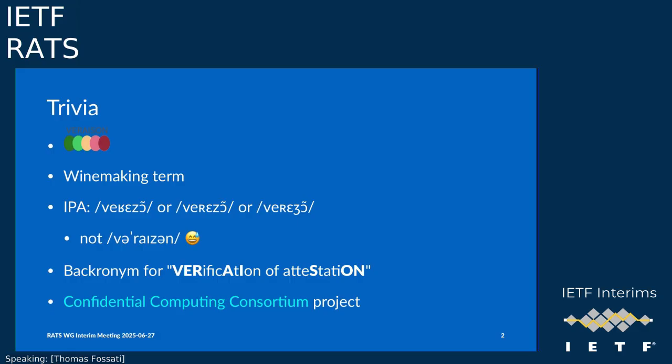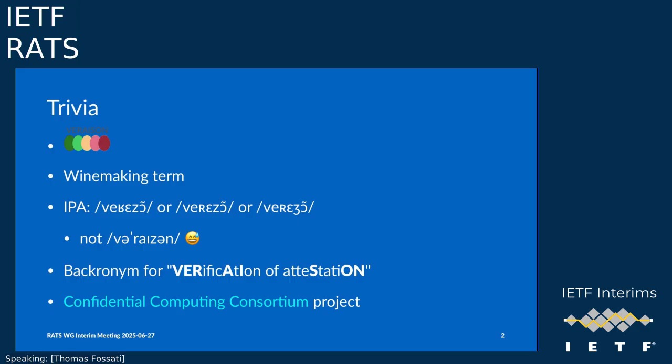So just to set the scene, we have a logo. The colorful ovals that you can see there are supposed to be grapes. It's a bit brutal, but in fact, Veraison is a term used in winemaking. It's the onset of the ripening of the grapes.